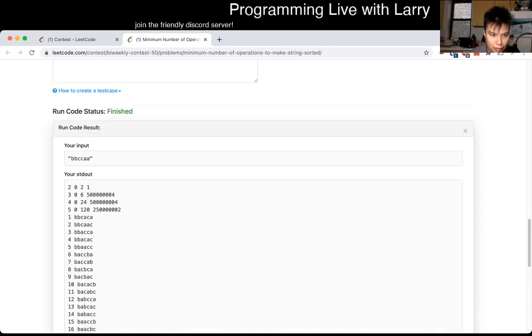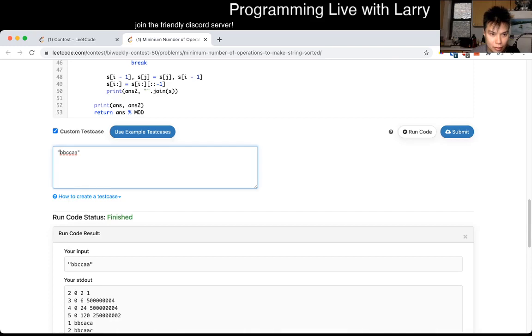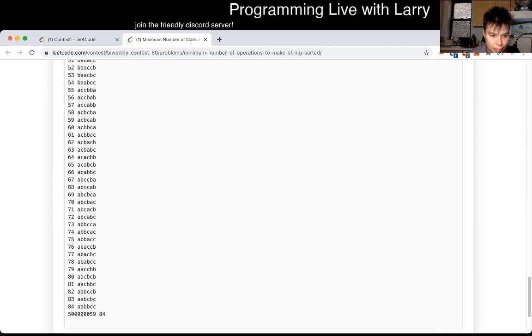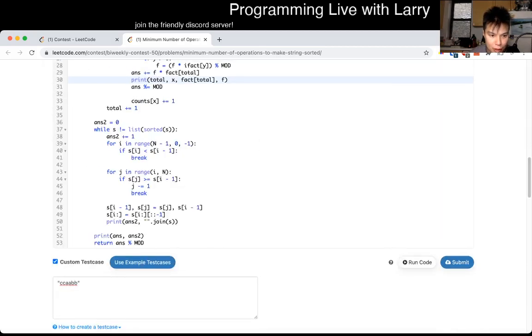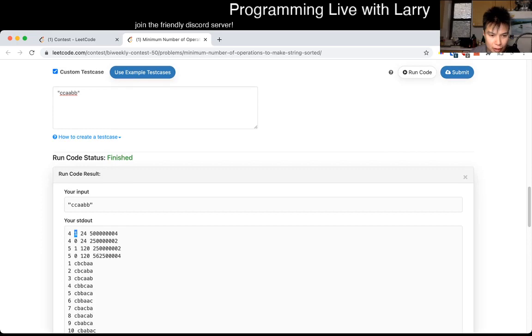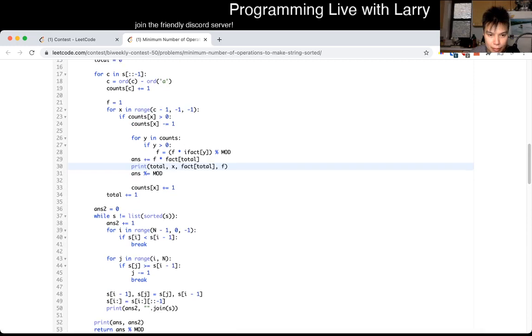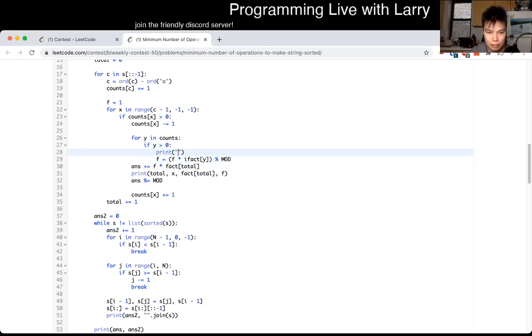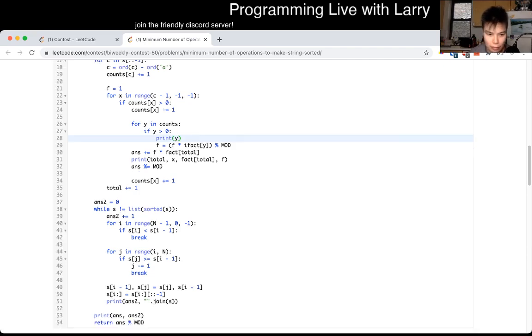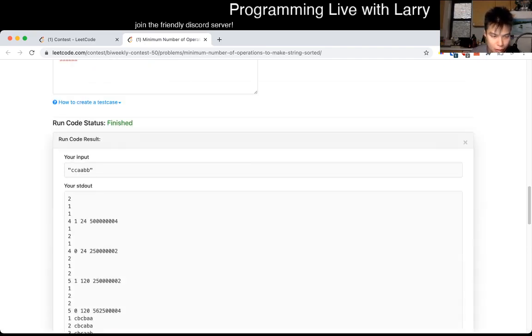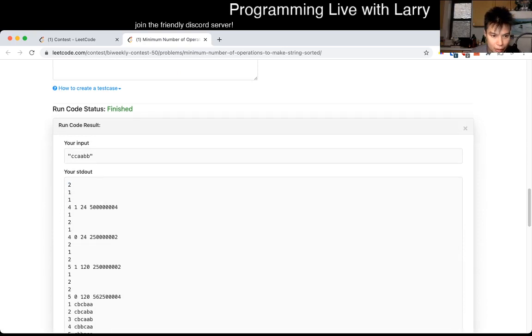Nope. Okay, so now this is saying C goes to 1. Gets what the hey? So it should be 20. That seems right.